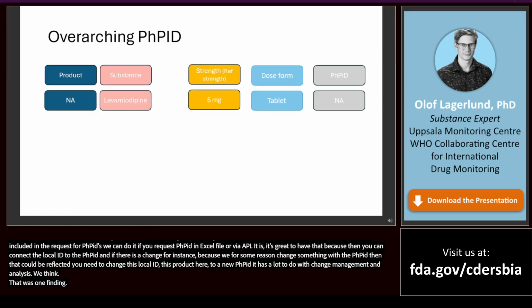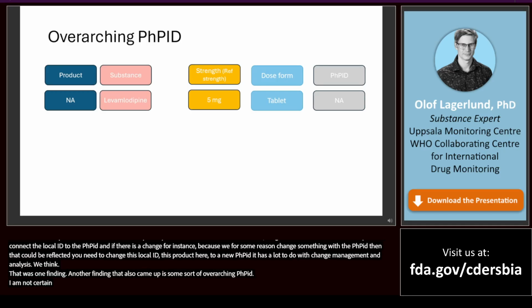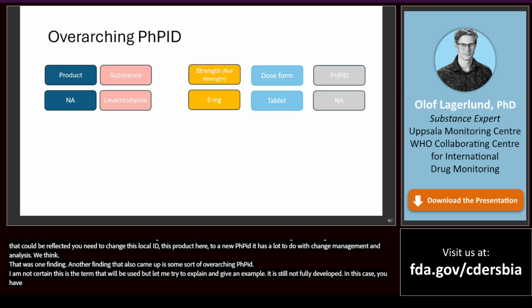Another finding that also came up from all was some sort of overarching PhPID. I'm not certain this is the term that will be used, but let me try to explain and give an example. It's still not fully developed. In this case, you have levamlodipine as a substance, 5 milligram, because that's what you usually prescribe or search for, because you don't always search for the exact salt form.